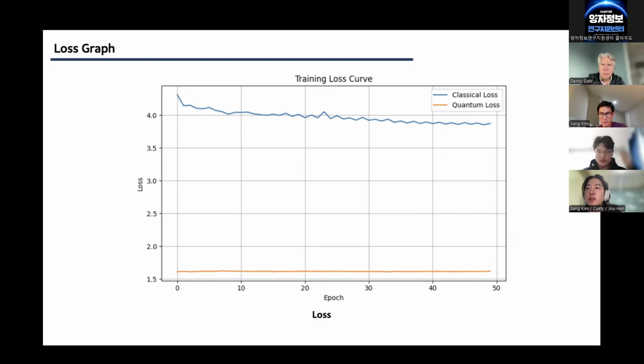We believe that a main reason for this is the lack of entanglement between qubits. Since the original circuit design focused on minimizing the number of quantum gates, the expressivity of the circuit may have been limited, which ultimately affected the classification performance.